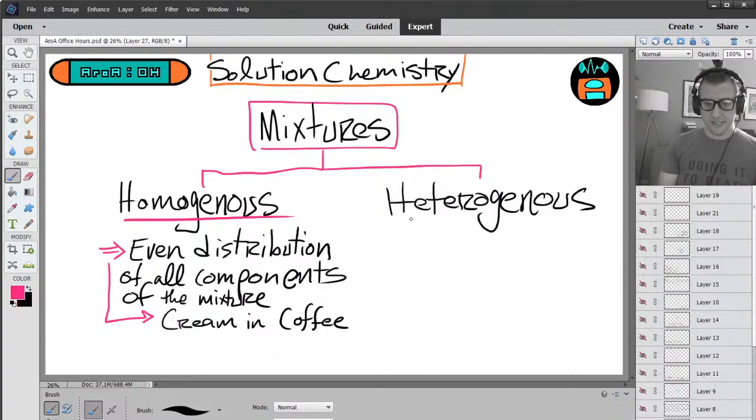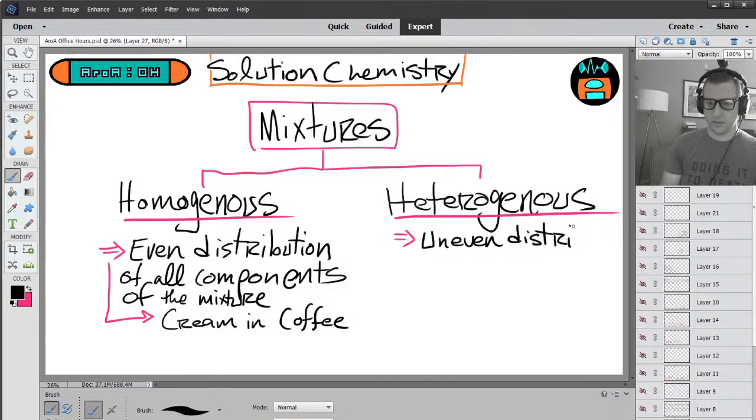A heterogeneous mixture involves an uneven distribution of the mixture's components.